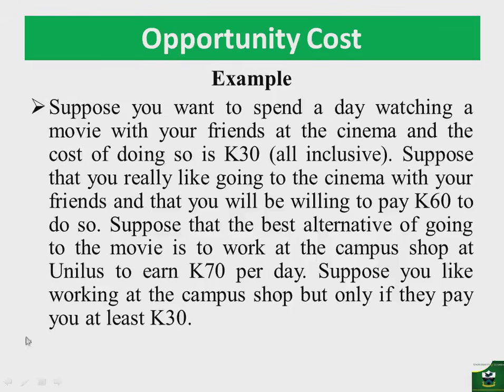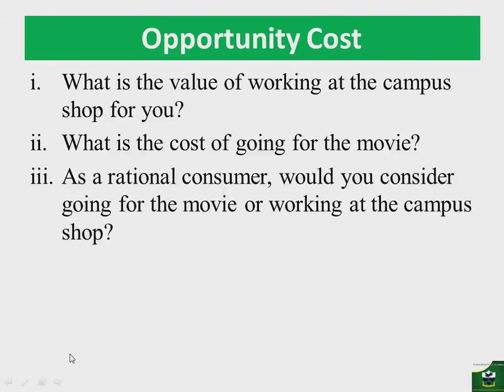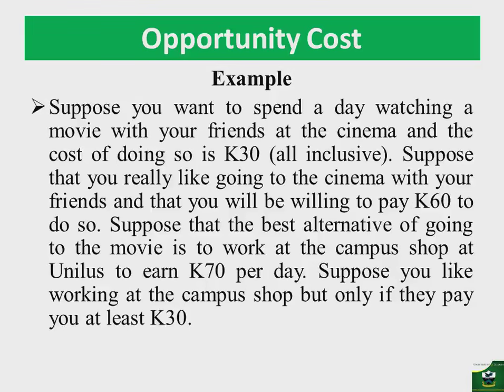Okay, the next part of the question is asking us to find the cost of going for the movie. If we look at this situation, you can see that there are implicit and explicit costs involved here. The cost of going for the movie is not only the explicit cost of 30 kwacha.